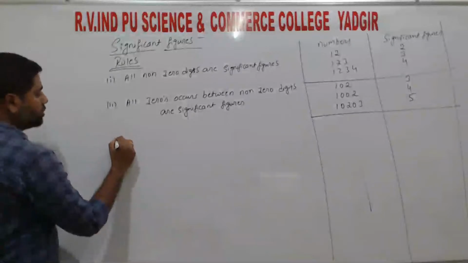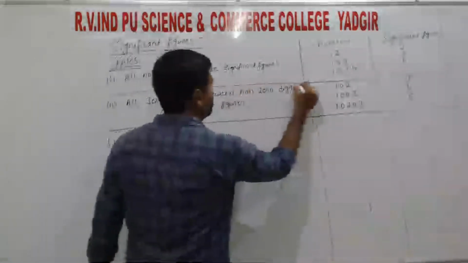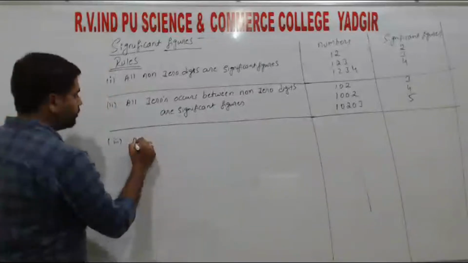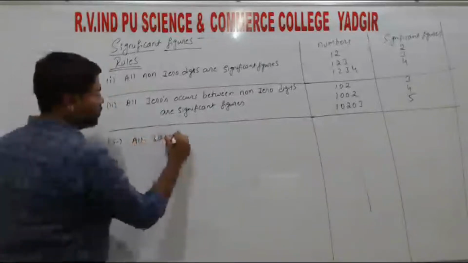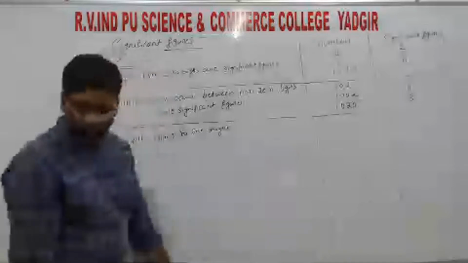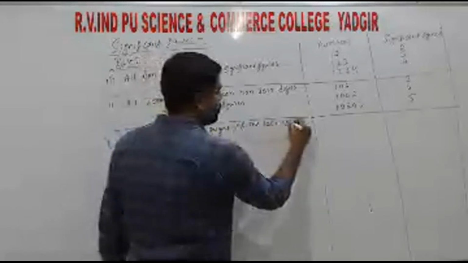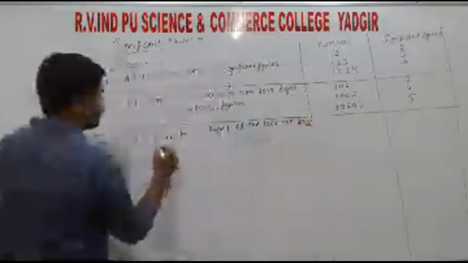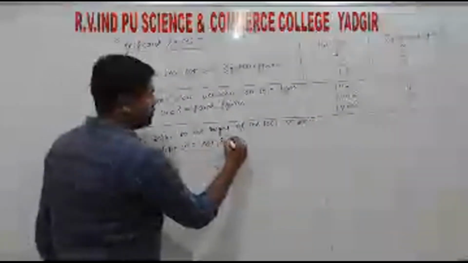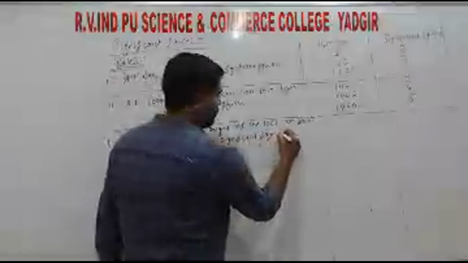So next, third rule. All zeros to the right of the last non-zero digit are not significant figures, right?